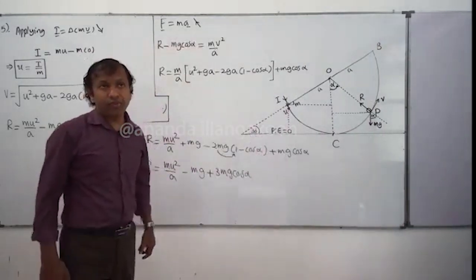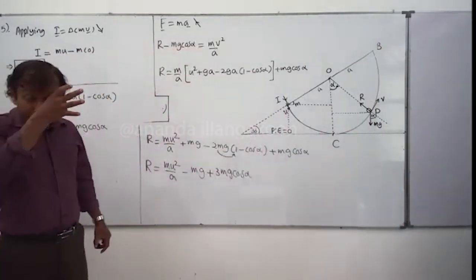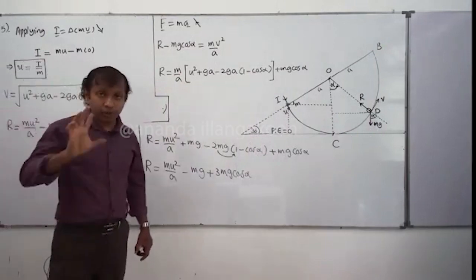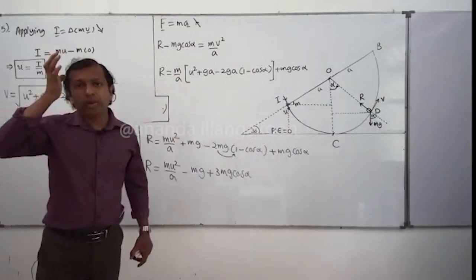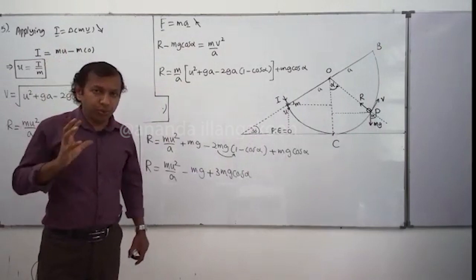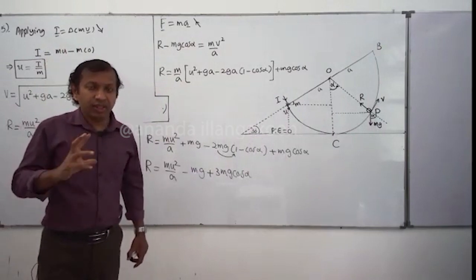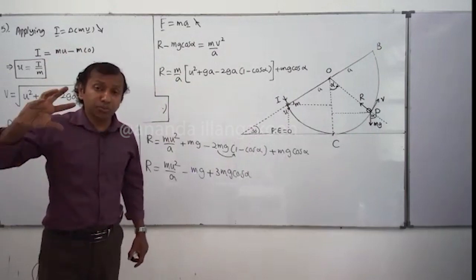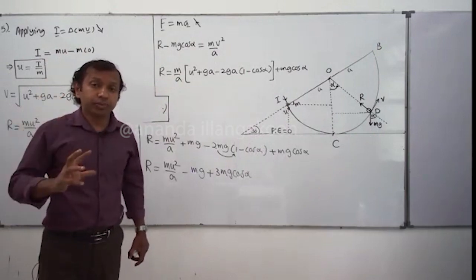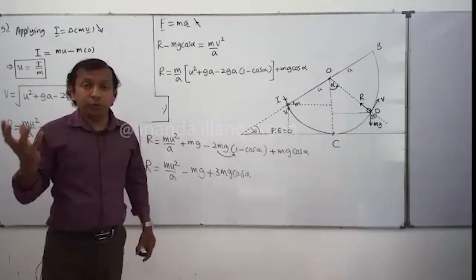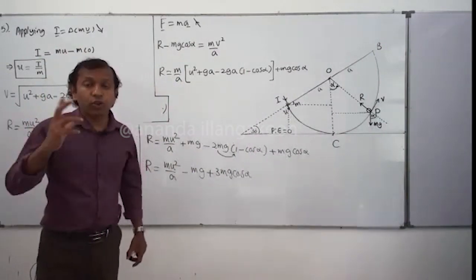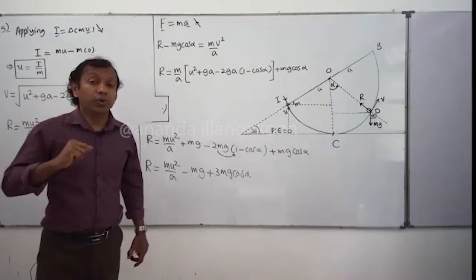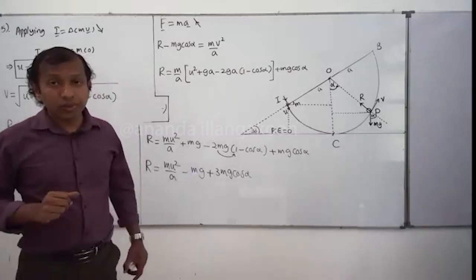So remember, in this case we can't take the condition by using the velocity, right? We use the velocity condition only if the particle can't come out of circular motion into projectile motion.